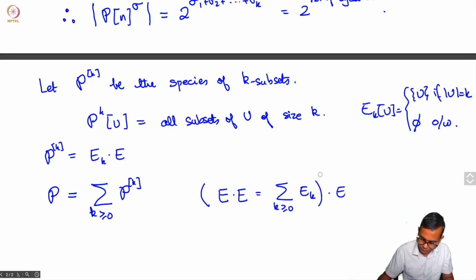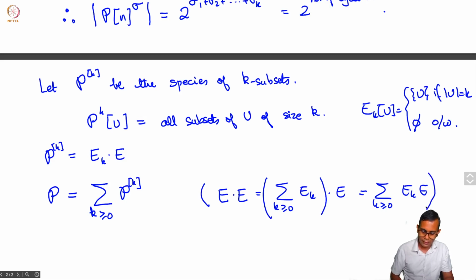Well, and then using distributivity you can say that this is the sum over k greater than or equal to 0 of eke, and this is pk and this here is p.